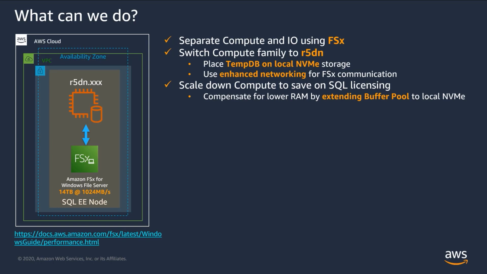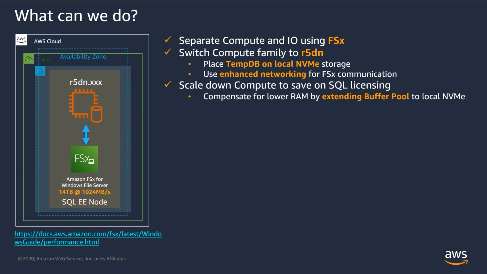We also change instance family to R5DN because the instances in this family provide enhanced networking throughput. This feature is important as in this scenario we swapped access to EBS for network access to Amazon FSx.